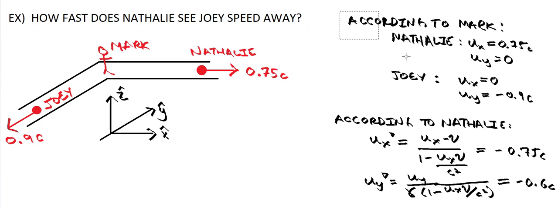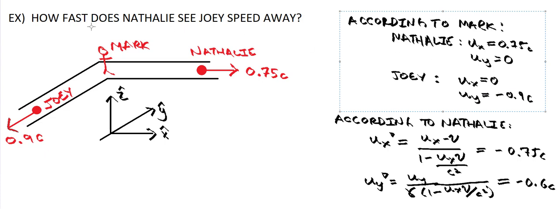So according to Mark, Natalie has no speed along z, no speed along y, but she has a speed of 0.75 c along the plus x-axis. Joey, as measured by Mark, has no speed along the x-axis, no speed along the z-axis, but does have a speed of minus 0.9 c along the y-axis.